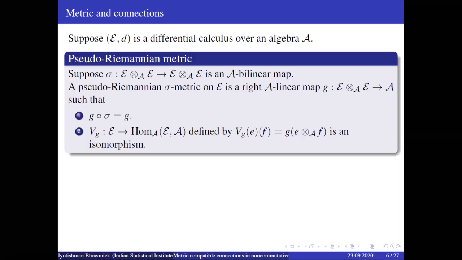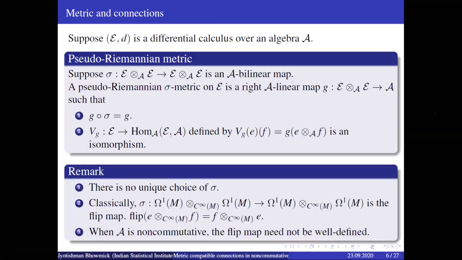Let's see. Here are some remarks. In the non-commutative case, there is no unique choice of sigma. So when A is equal to C infinity M, and I am working with the classical differential calculus, then this is just a flip map.